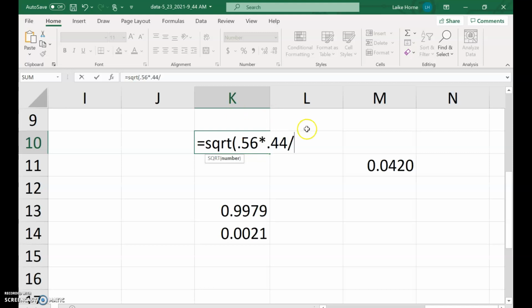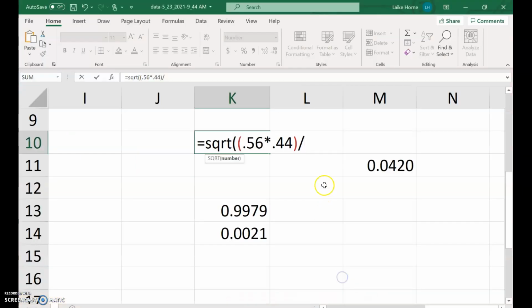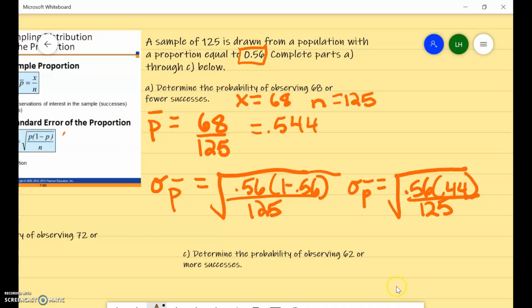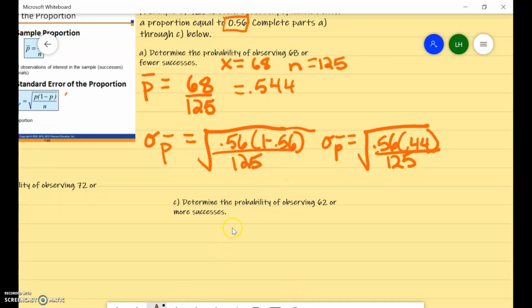And we're going to divide that. We want to multiply that first. I'm just going to put an extra parenthesis. It should multiply and then divide by 125. And so our square root looks like it's going to be 0.0444. So our standard error of our proportion is 0.044.